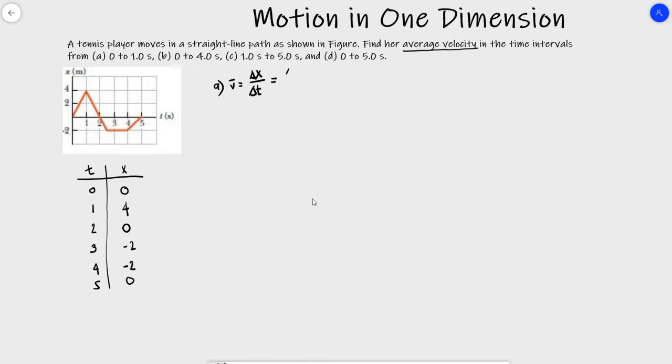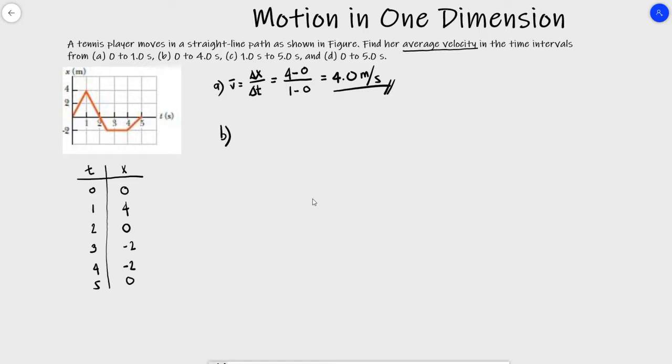After 1 second, this is equal to 4 minus 0 all over 1 minus 0. Therefore, our answer here is 4.0. The unit for the velocity is meters per second. That is for letter A.